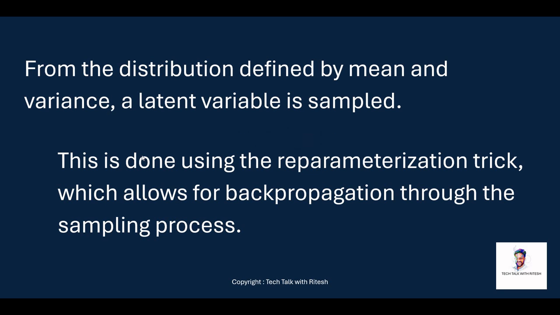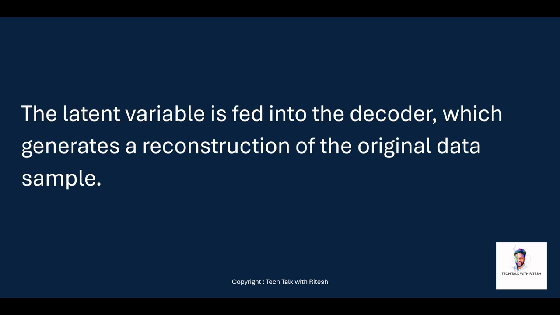Now after encoding, sampling from the distribution defined by mean and variance, a latent variable is sampled. This is done using the reparameterization trick, which allows for backpropagation through the sampling process. We will see these terms, what is backpropagation, etc. Then decoding, the latent variable is fed into the decoder, okay, that latent variable which we have received, which generates a reconstruction of the original data sample.